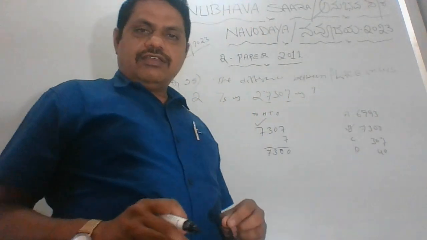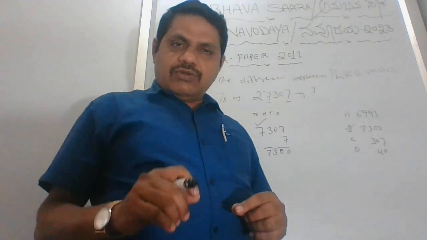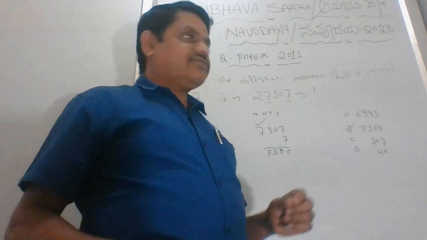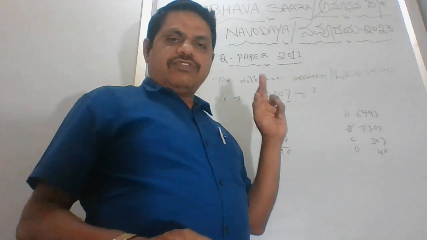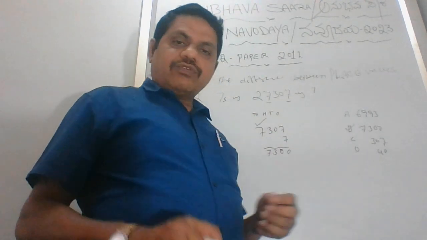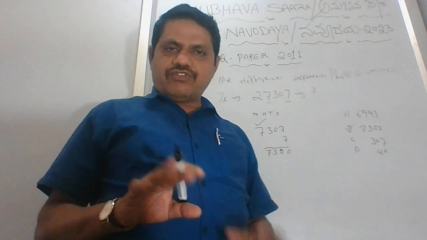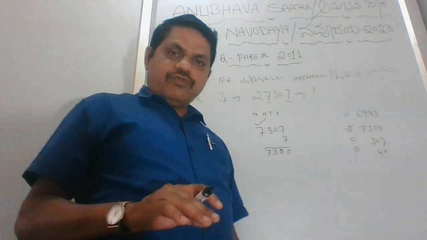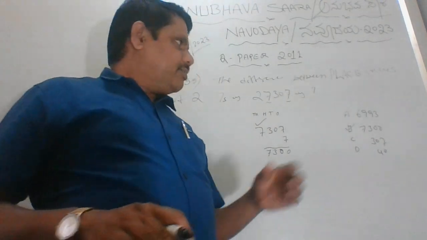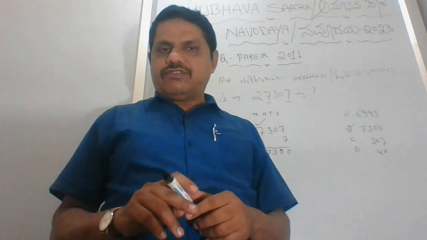That's why I usually tell you to understand the question first. If you can understand the question, then you can solve it properly. You won't have much confusion. To avoid confusion, you should read the question twice.